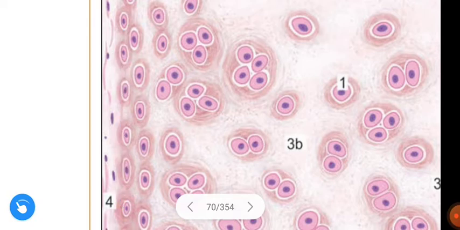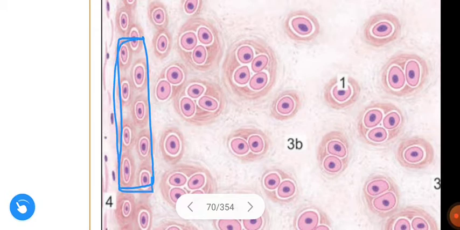And see here, the second layer of cells, present near the surface of the hyaline cartilage. These two layers of cells merge to form the perichondrium.